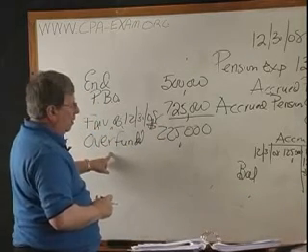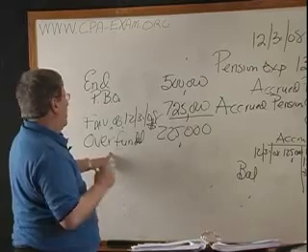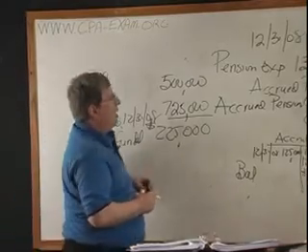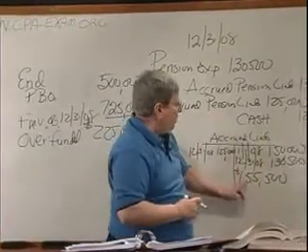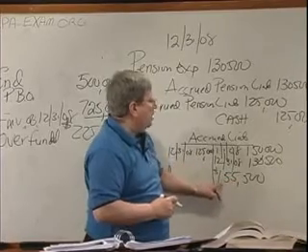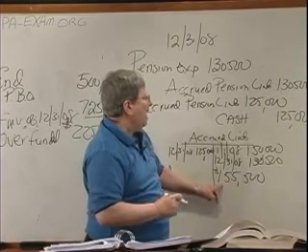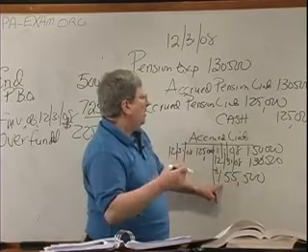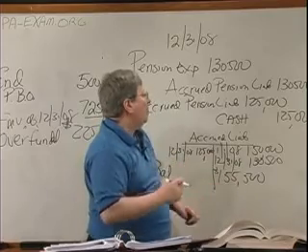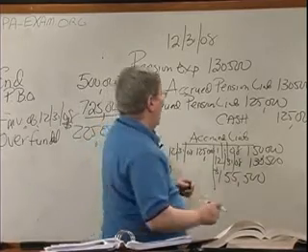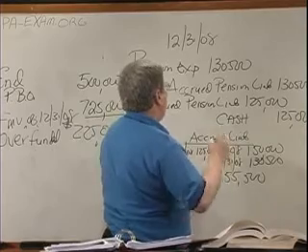Well, what we have to do is this. We would have to show the 155, which we're saying is underfunded, and make it overfunded. How would we do this?